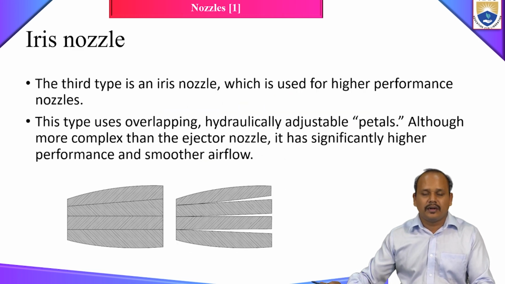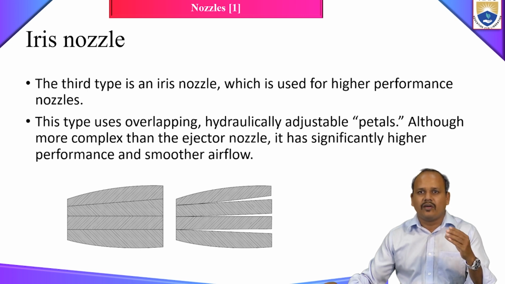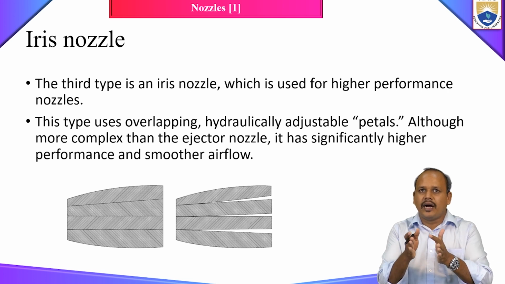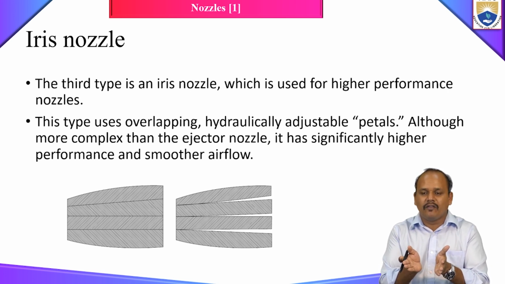The last one is the iris nozzle. Basically, an iris nozzle is similar to a flower petal. It is capable of varying the throat as well as the exit area. This iris nozzle basically looks like a flower petal.